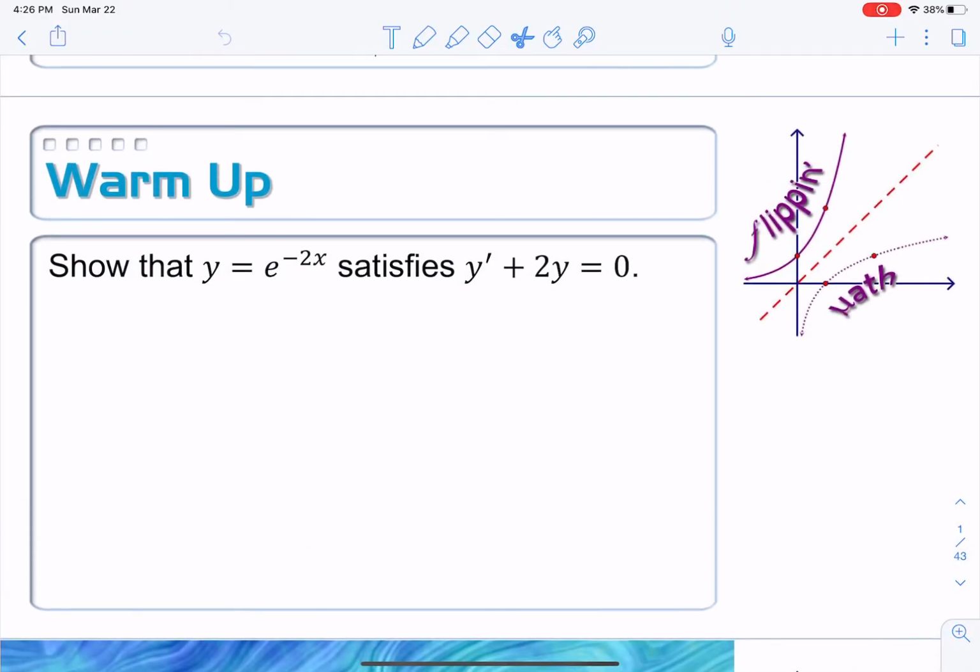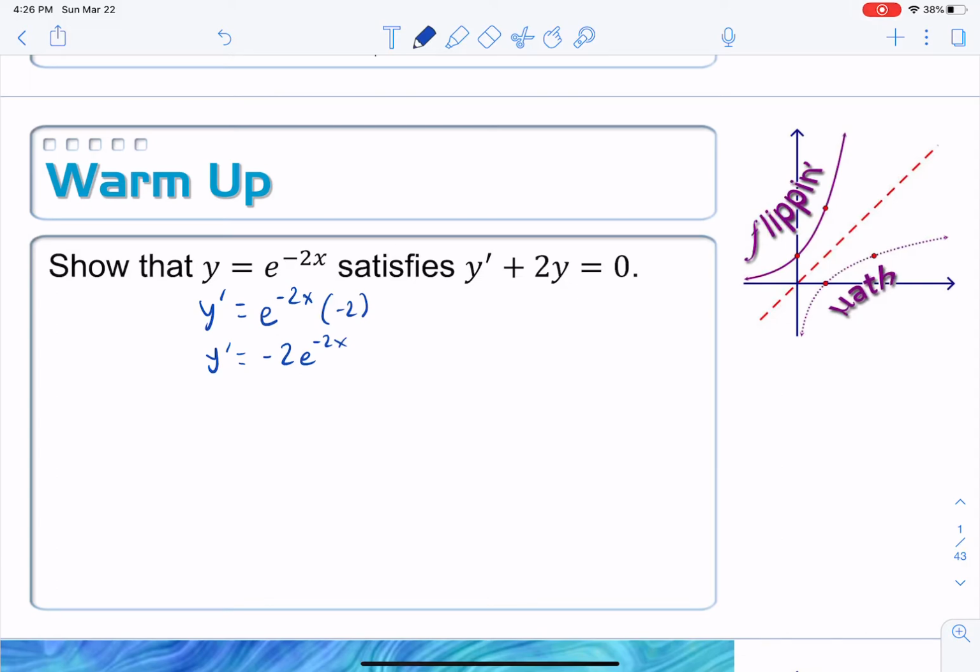Our differential equation here is asking us for the derivative of y. So that's what I'm going to do first. I'm going to take y prime, which should be equal to, well, this is exponential. Anything exponential is its own derivative. Then I have to use the chain rule because negative 2x is a composite function. It's stuck inside of the exponential. So I multiply it times the derivative of the interior, which is negative 2. Maybe we would have noticed that right off the bat and just said, hey, it's negative 2 e to the negative 2x.